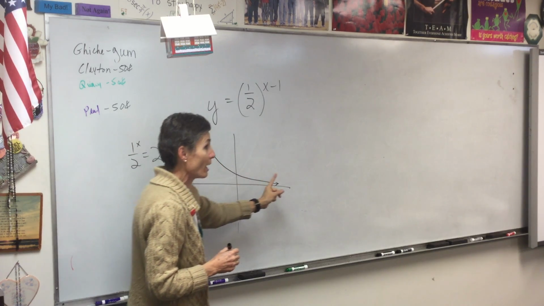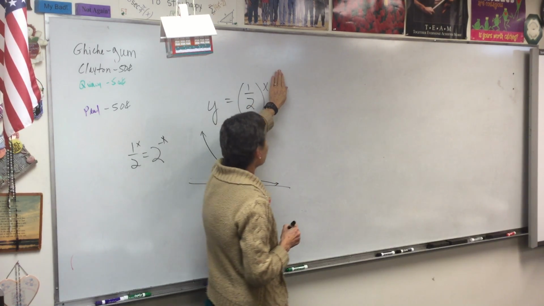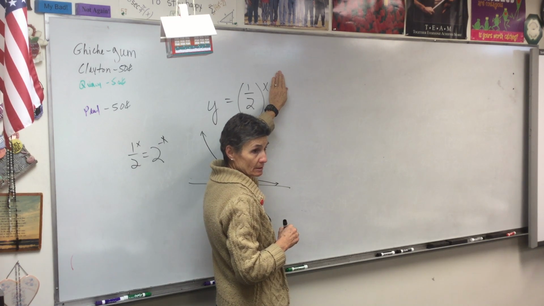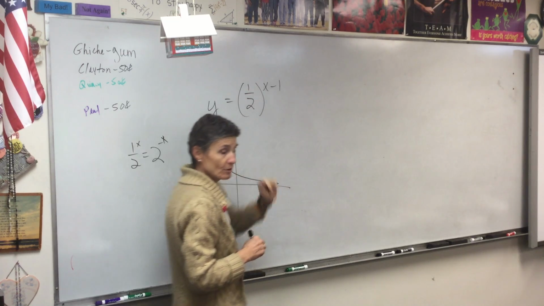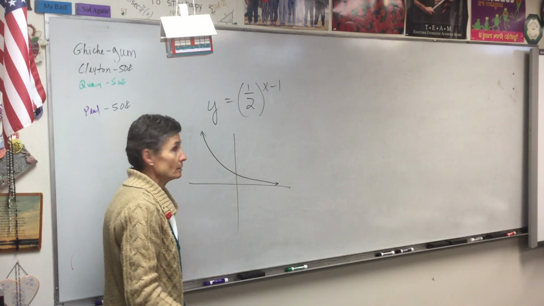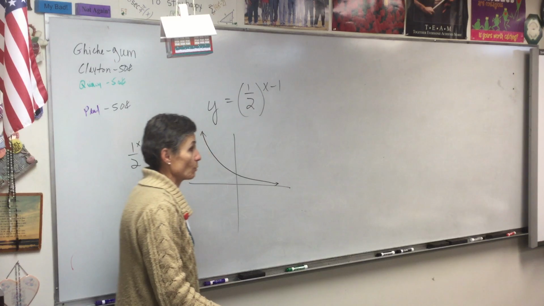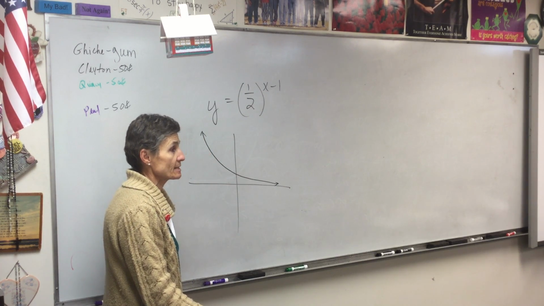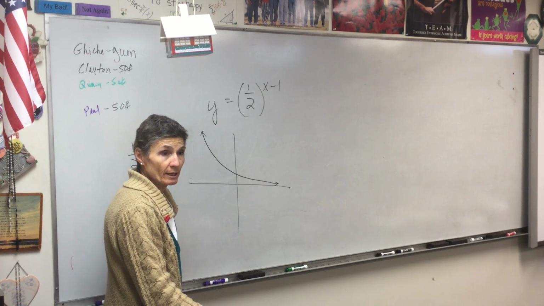Reflect it. So that's why we have a decay. Now, that's this. That's this. What does that do? The negative 1 on the x, what does that do? Doesn't lower it. It takes it to the right 1 unit.